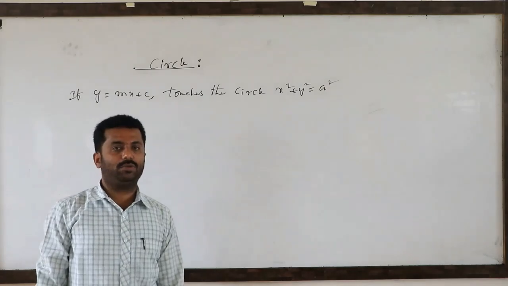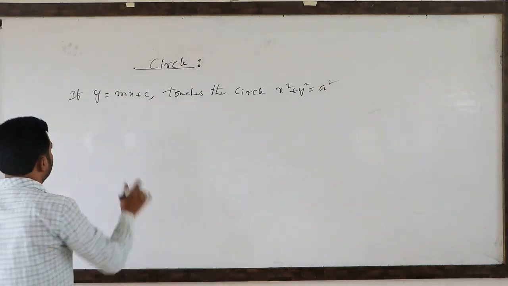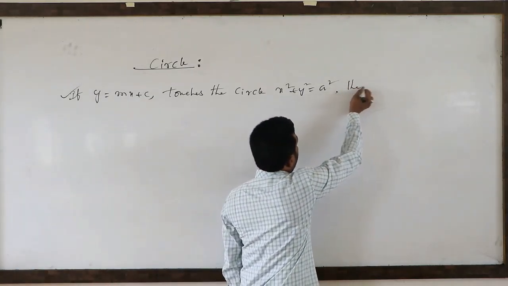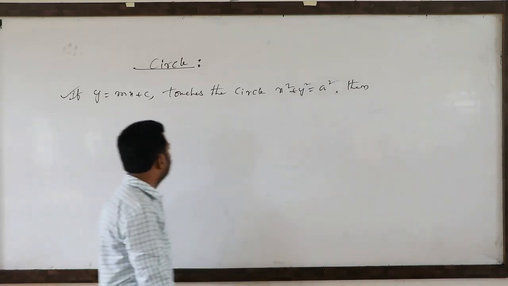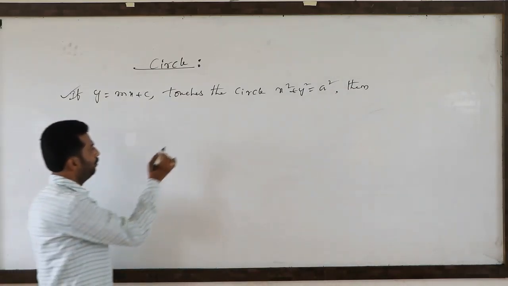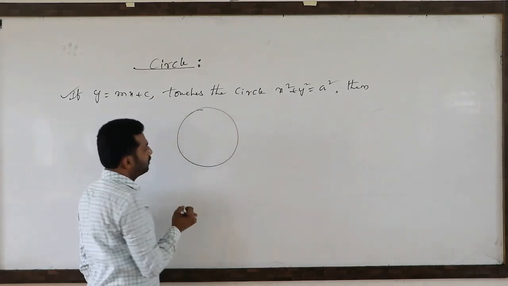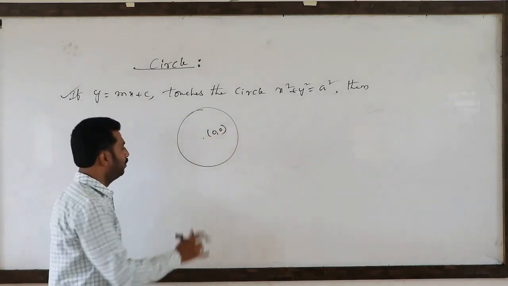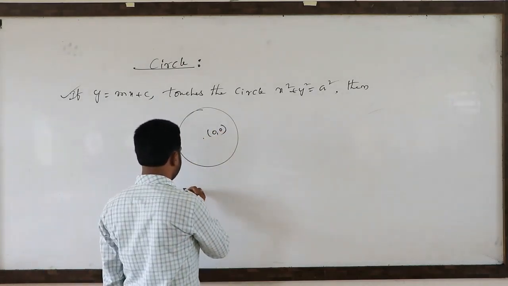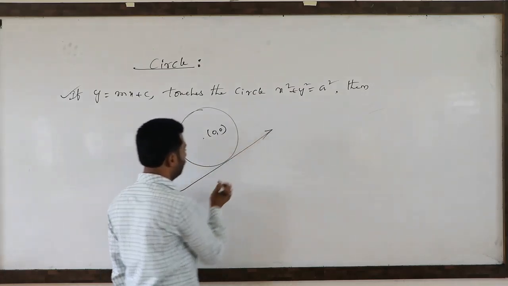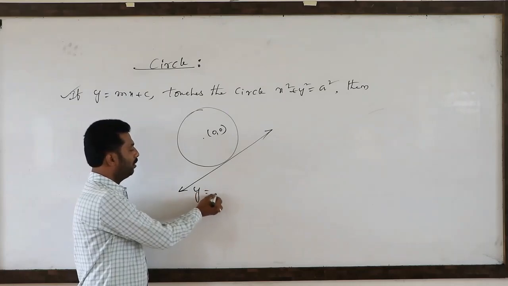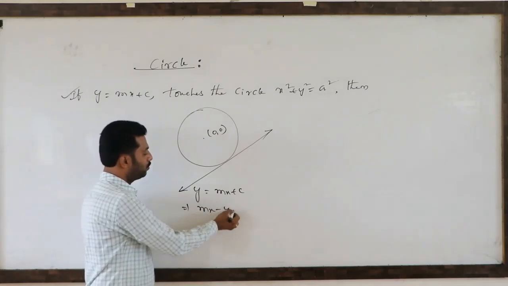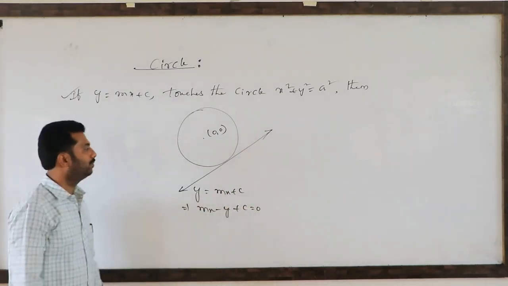Then what is the condition we discussed just now? This is a circle with the center, no doubt about it, 0, 0. So what they are asking is, the line touches the circle. This is y equal to mx plus c or mx minus y plus c equal to 0.